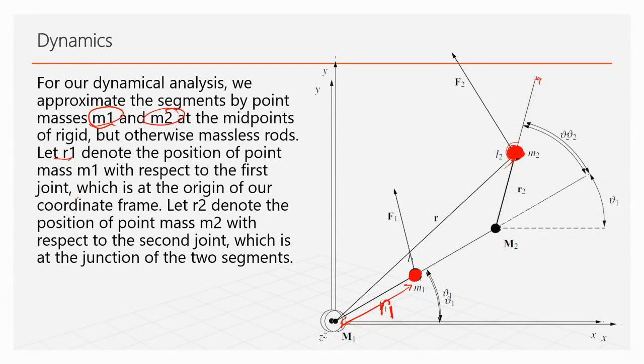Let R2 denote the position of mass 2. So this length is R2. I'm making assumptions, calculations will come later, but appropriate assumptions will make my calculation much, much easier to understand.